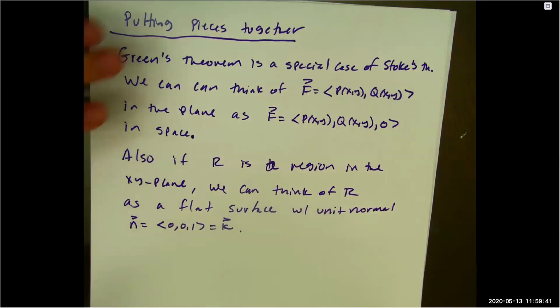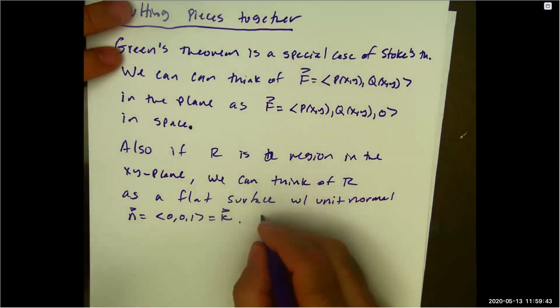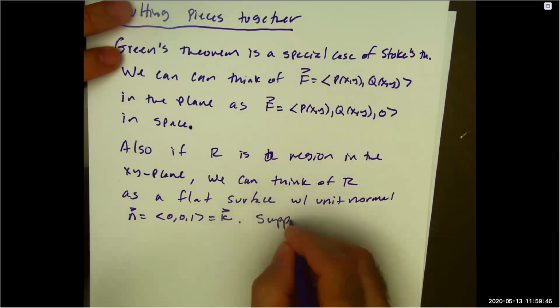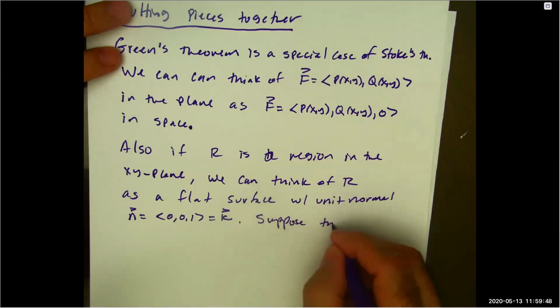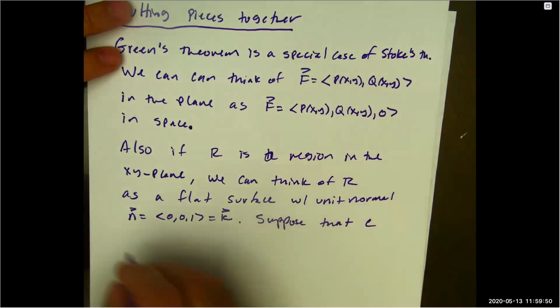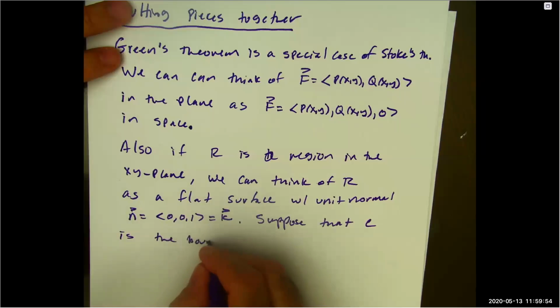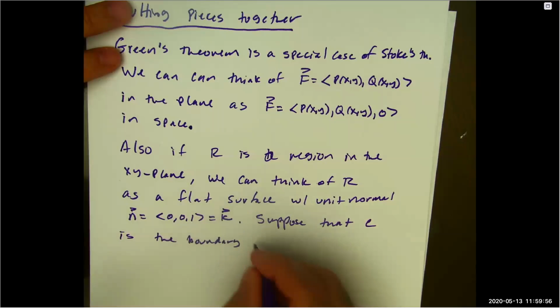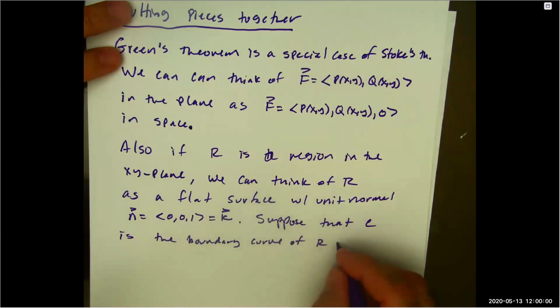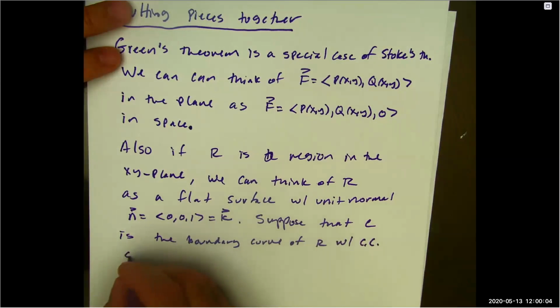And so let's suppose that C is the boundary curve of R with counterclockwise orientation.